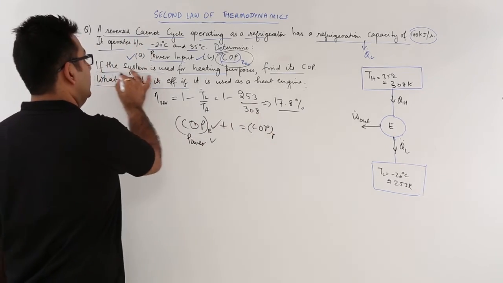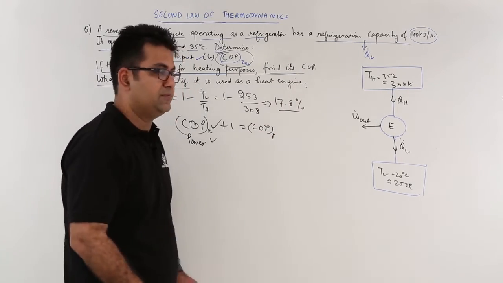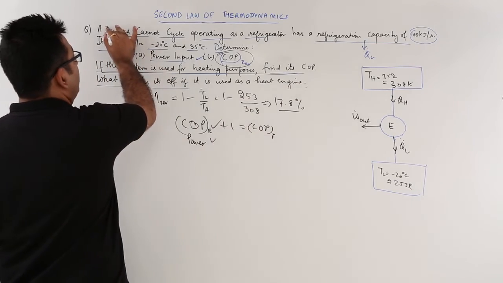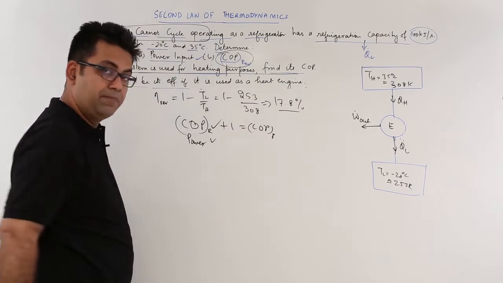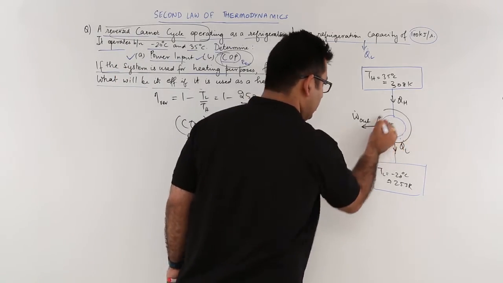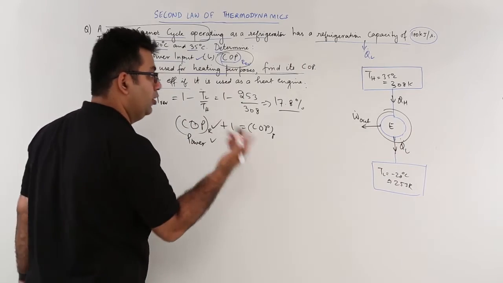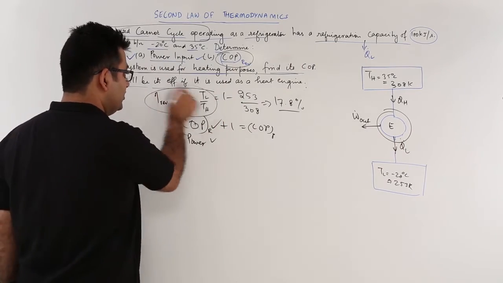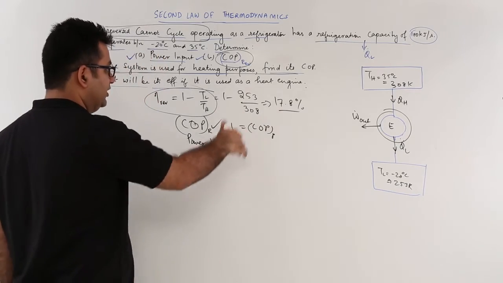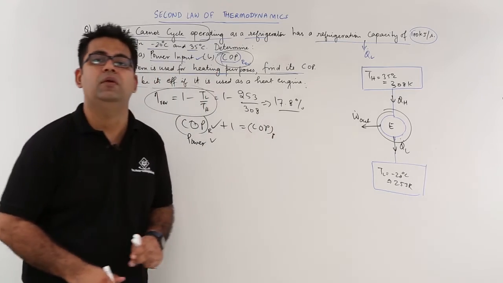Now you reverse it entirely, it becomes a heat engine, and because it's a reversed Carnot cycle, it becomes a reversible cycle. So this heat engine also is a reversible heat engine. For a reversible heat engine, which is a Carnot heat engine, the efficiency is 1 minus TL upon TH. Just plug in the values and you will get your answer.